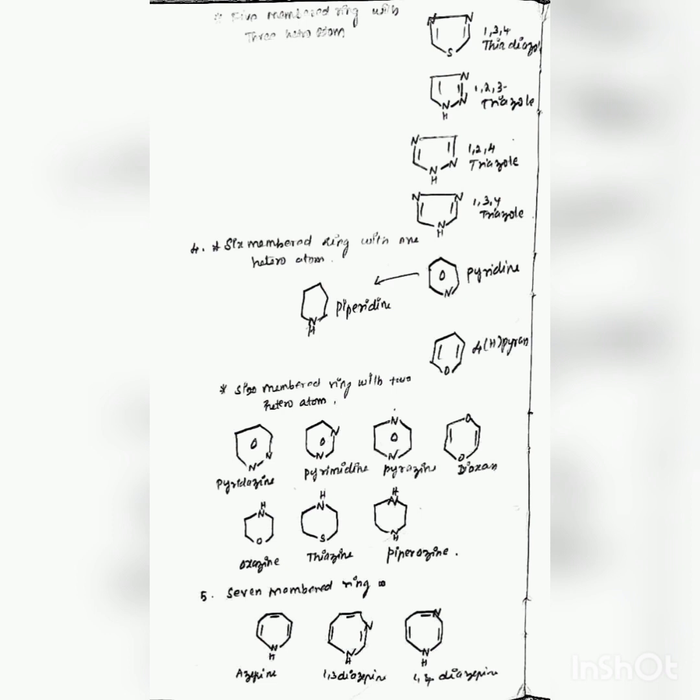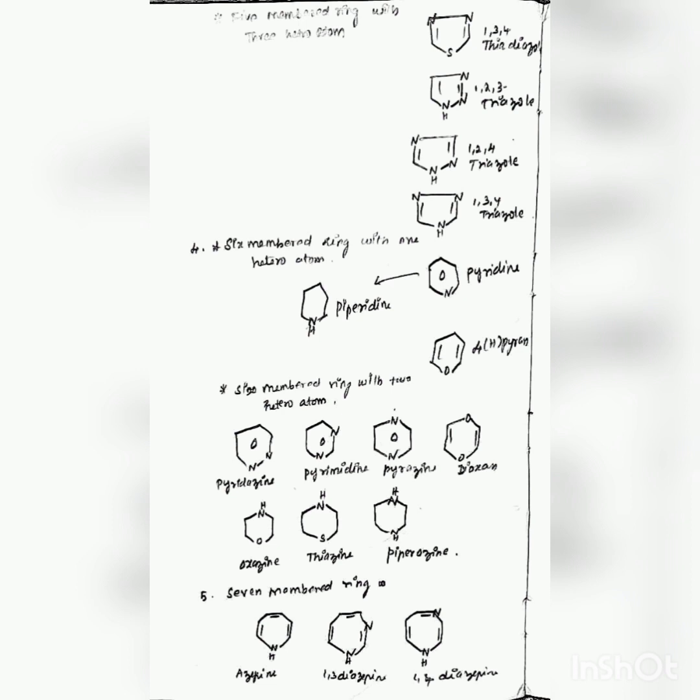Next classification is the 6-member ring with one heteroatom. Here we have taken some examples. If nitrogen is present in the 6-member ring, then it is called pyridine. If the double bonds become saturated in the same 6-member ring, the nitrogen will be NH and the remaining carbon atoms will be CH2.